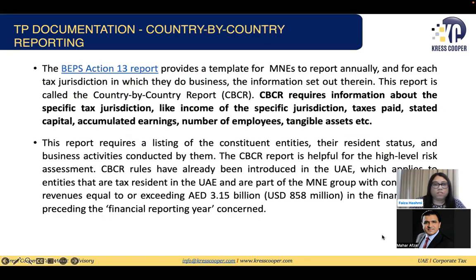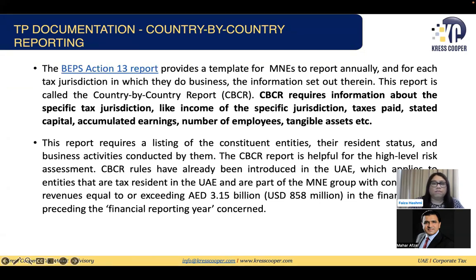And apart from this, there's country by country reporting. Like we had mentioned, wherever the multinationals have more than 3.15 billion of revenue, they need to maintain this. The CbCR report requires information like the specific tax jurisdictions of the multinational company, the taxes paid in these jurisdictions, the income earned from these jurisdictions, the number of employees, and tangible assets. So this kind of information is required.